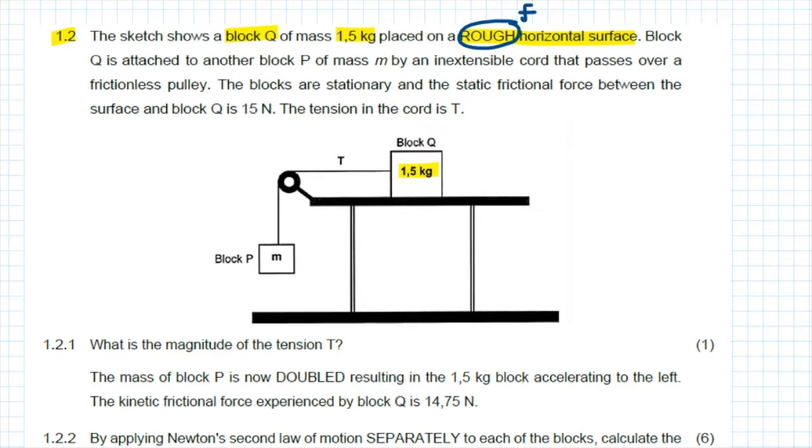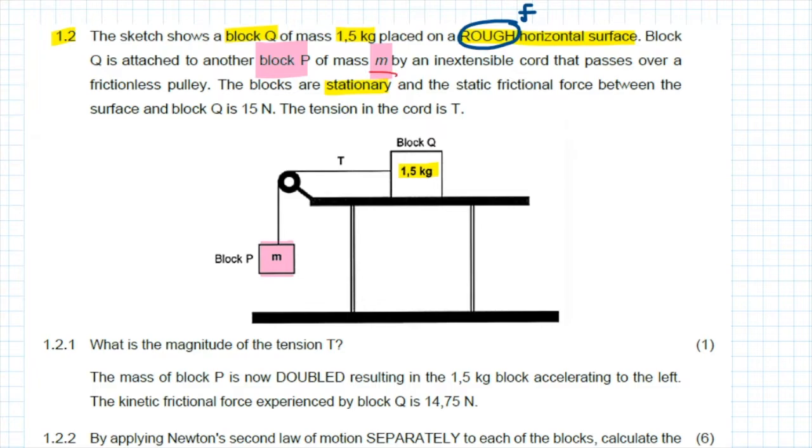They then say block Q is attached to another block P of mass M, by an inextensible cord that passes over a frictionless pulley. So we don't know the mass of this block called block P. The blocks are stationary. Now this is very important information.